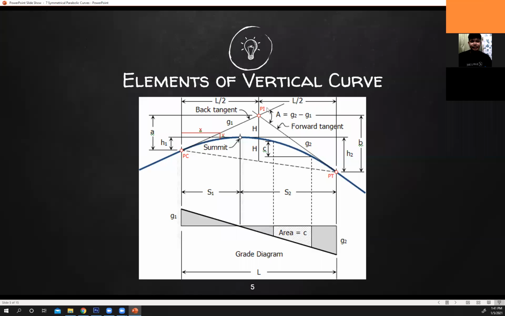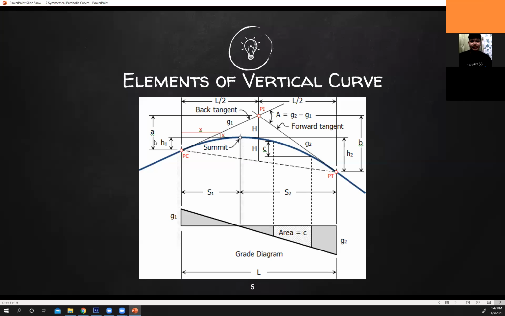Next, we have your G1 and G2. G1 and G2 are the slopes of your back tangent and forward tangent respectively. We'll go into more detail later. Next, we have S1 and S2. S1 is the horizontal distance from PC to the summit or sag. Then S2 is from PT to your summit or sag.